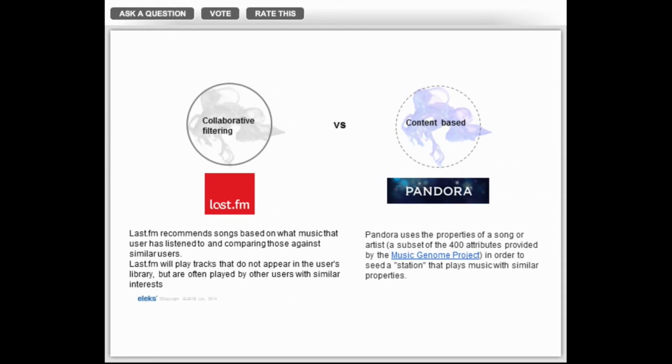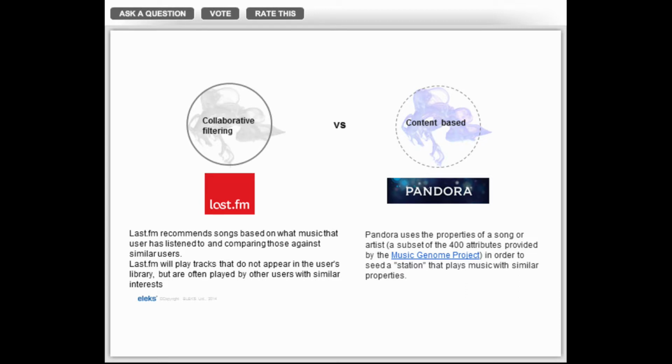And this is just to show you the comparison and examples. So collaborative filtering, Last.fm; content-based, Pandora. Last.fm recommends songs based on what music you're listening to, comparing it to other users similar to you and the music they have listened to. So Last.fm will play tracks that do not appear in your library but are often played by other users who are similar to you.